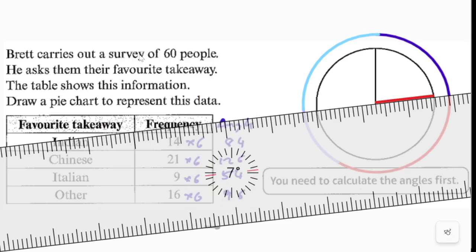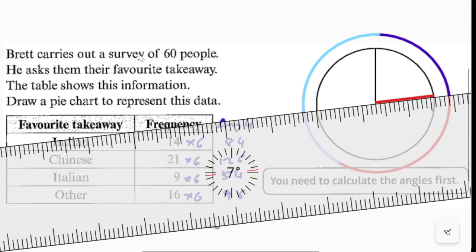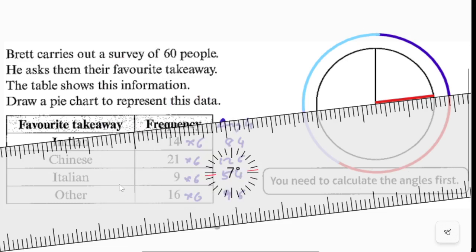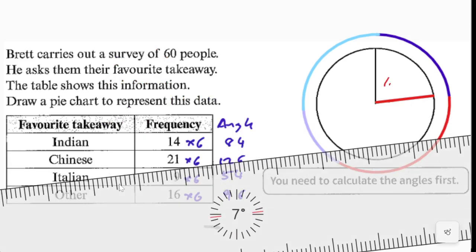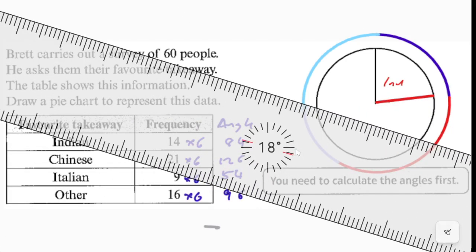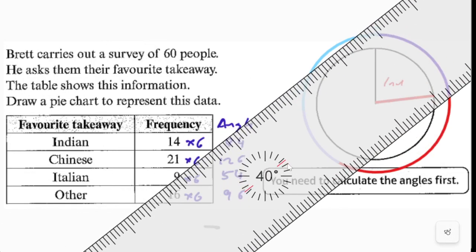There we go, and that's going to represent Indian. My next angle then is going to be for Chinese, so that's all the way around here. Actually, let's do it this way, it'll be slightly easier.